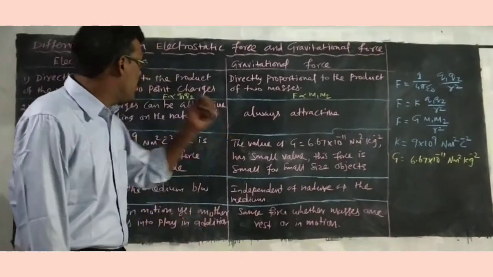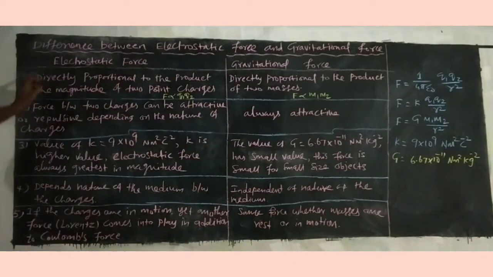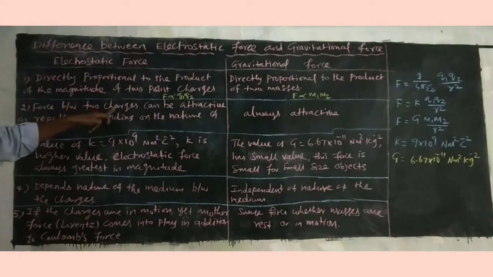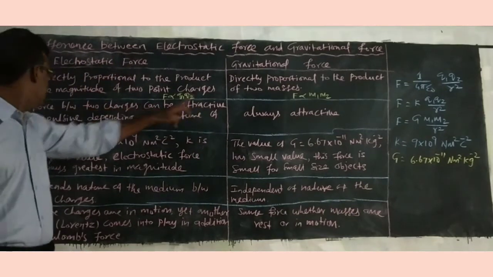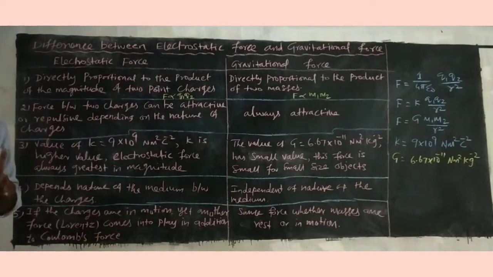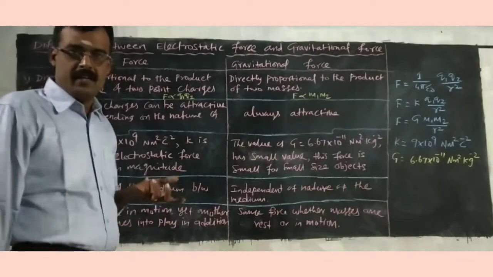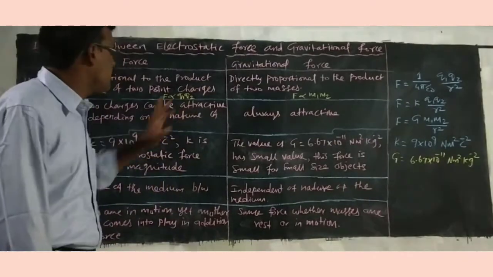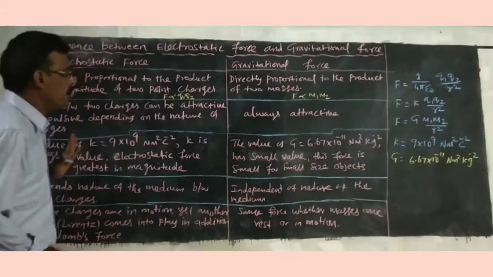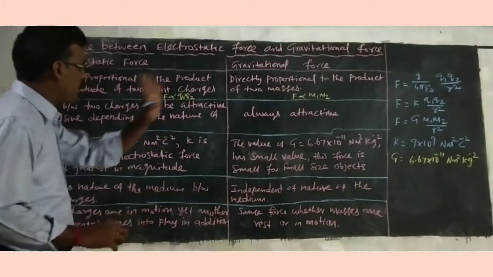Okay. Now we go for the second point. The second point we have written here: electrostatic force between two charges can be attractive or repulsive depending on the nature of the charges. So what they are trying to say here? The nature of the charges decides whether it is attractive or repulsive. Suppose you take the two charges Q1 and Q2.